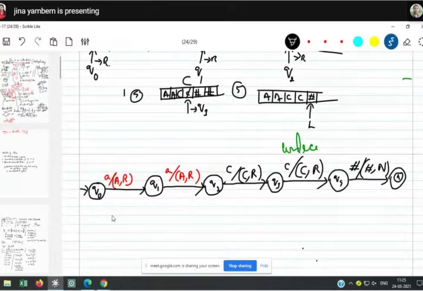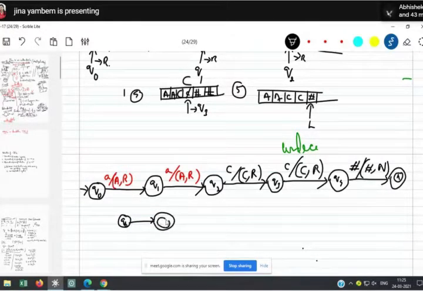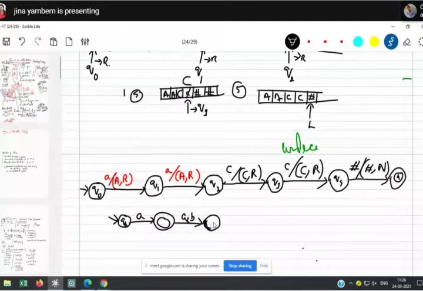Remember, suppose this is Q naught, reading A. If it's not A, then after A it starts with another A, then goes to the reject state. Again, after this A, it moves to B, then moves to the reject state. So by default, if it is not a final state, then we all know that this is a reject state.